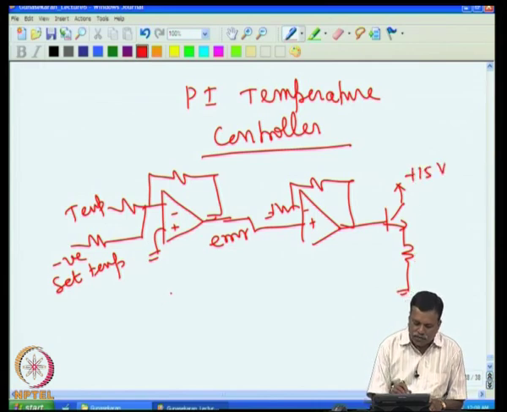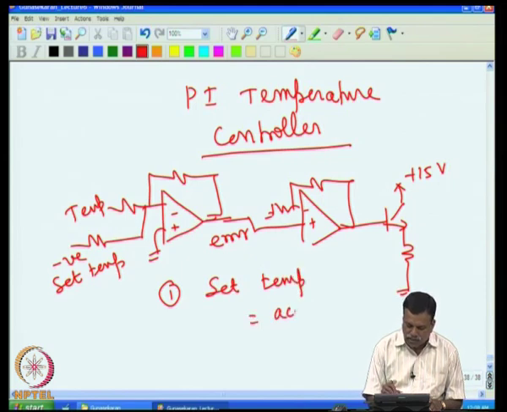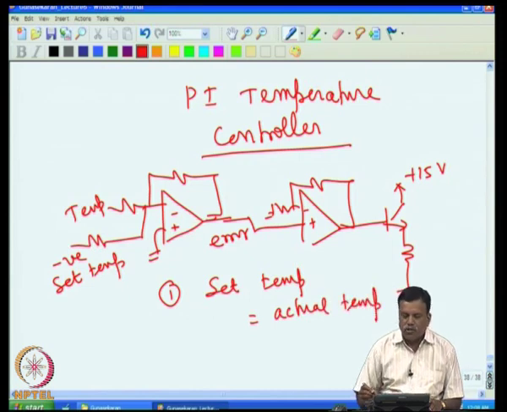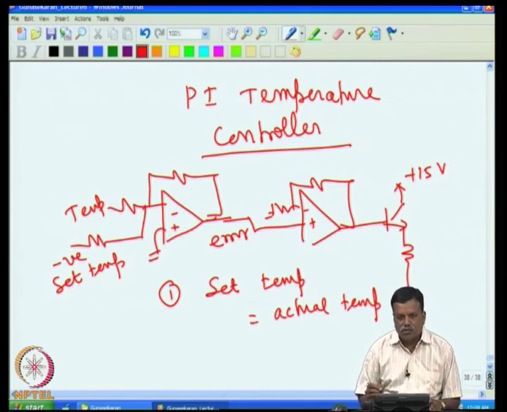The problem here was that the set temperature is not equal to the actual temperature. So, if you set at 70 degrees, you will not get a 70 degree stabilized oven, but you will get a little less than 70 degrees.